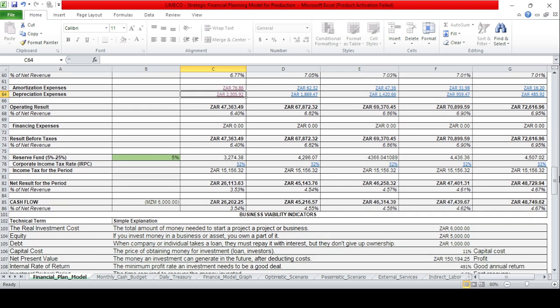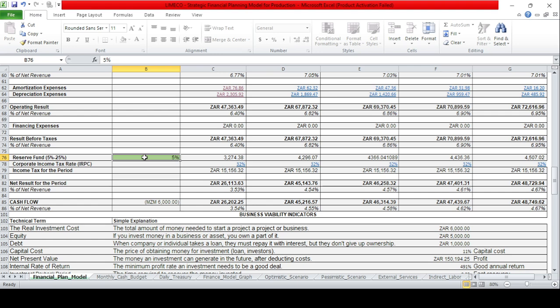Now, if we can insert reserve fund. Reserve fund is very important because it can help to solve future problems.